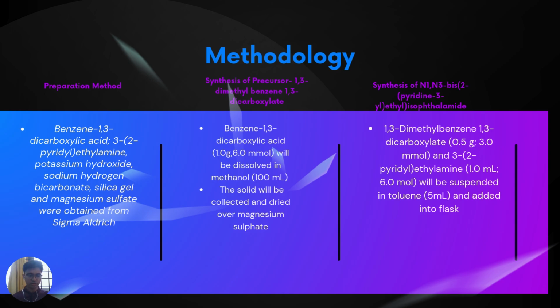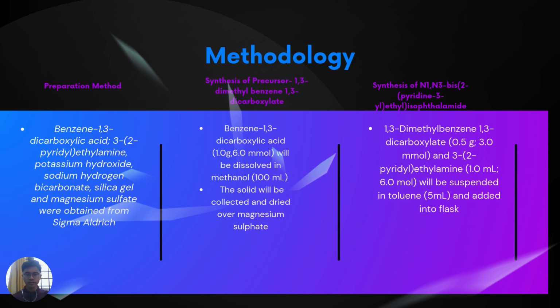Also, for the synthesis of the precursor dimethyl benzene-1,3-dicarboxylate, firstly, we need benzene-1,3-dicarboxylic acid, weighed as 1.0 gram, 6 millimole, which will be dissolved in 100 milliliters of methanol. The solid will be collected and dried over magnesium sulfate.